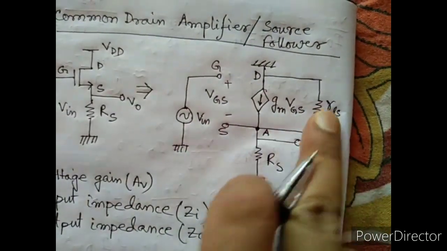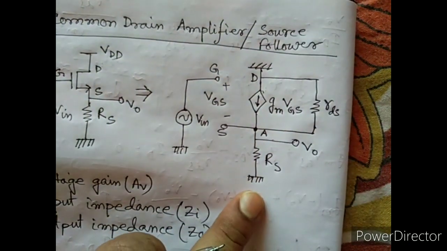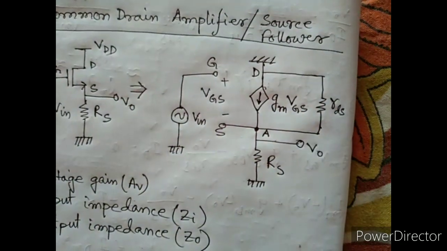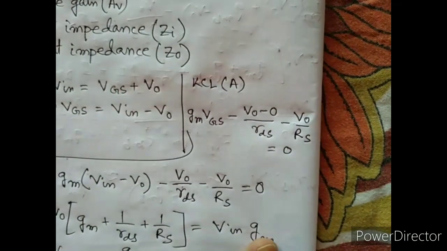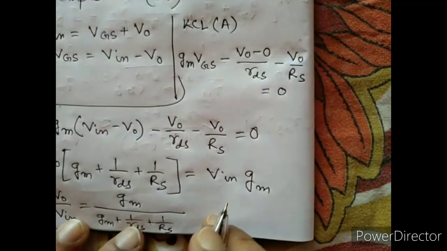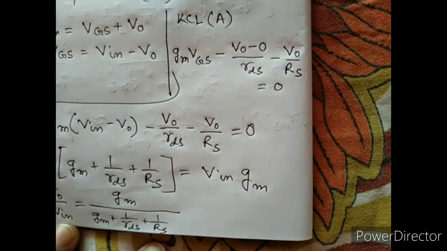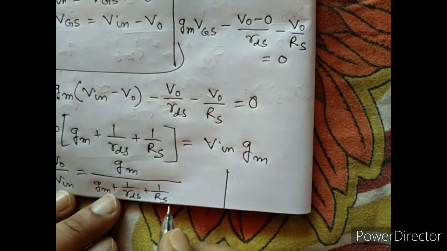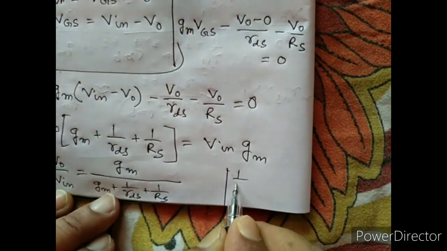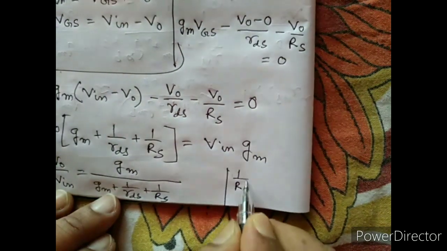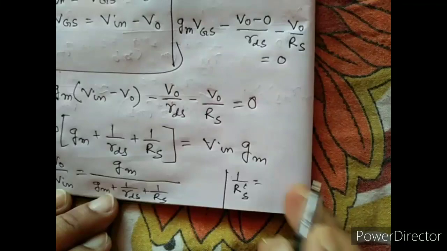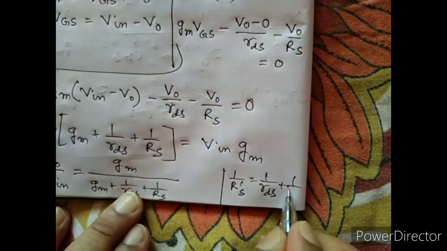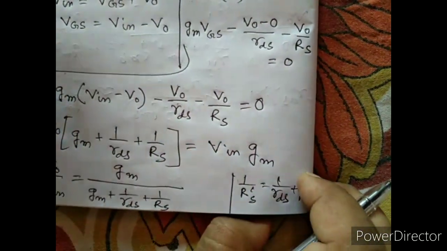This RDS is connected to ground, and this terminal of RS is connected to ground. This is the same terminal for both resistances, so both are parallel. If we say RS dash is the parallel equivalent resistance, then RS dash equals 1 by RDS plus 1 by RS.